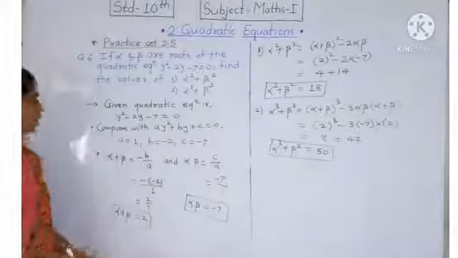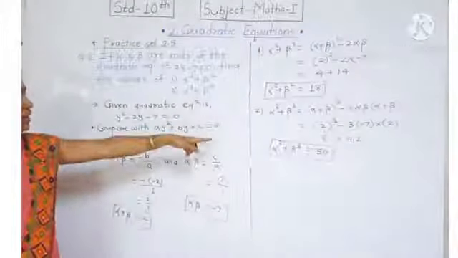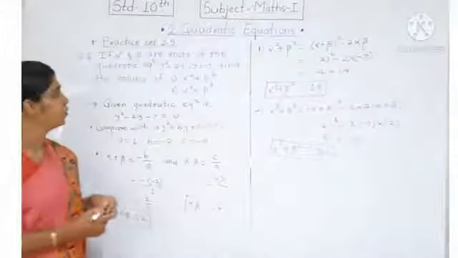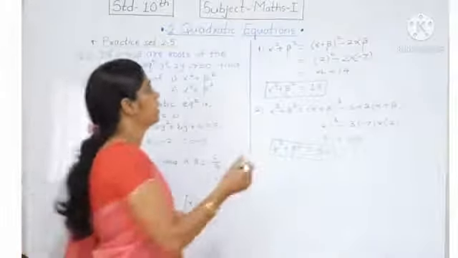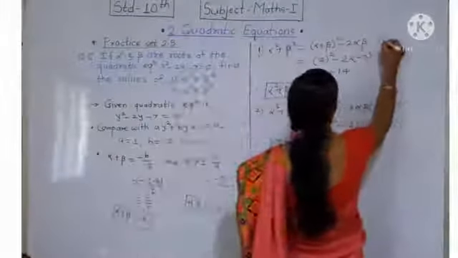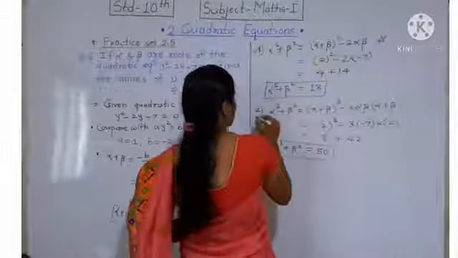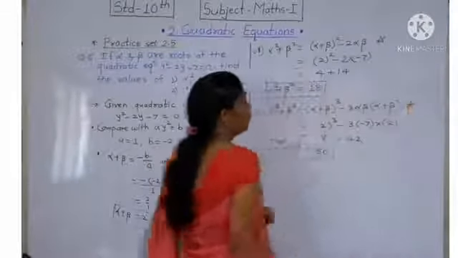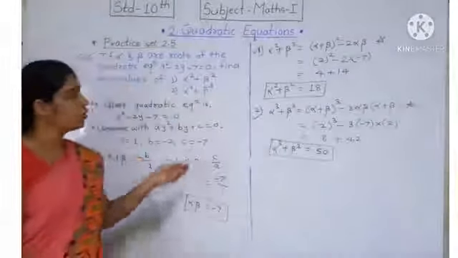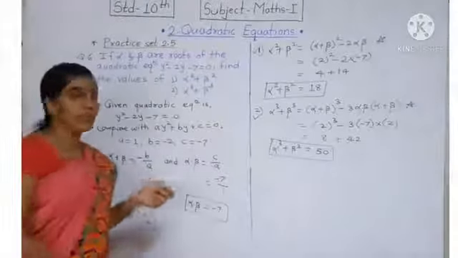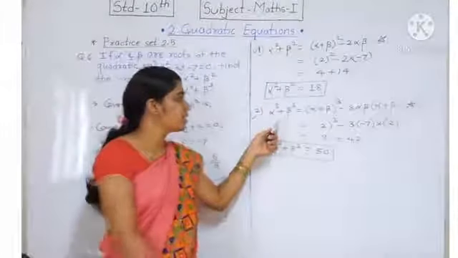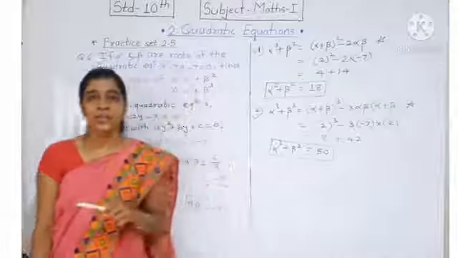So we calculate alpha square plus beta square and alpha cube plus beta cube. For this, remember this step is very important. And this step, you remember both these formulas, you can easily find alpha square plus beta square and alpha cube plus beta cube.